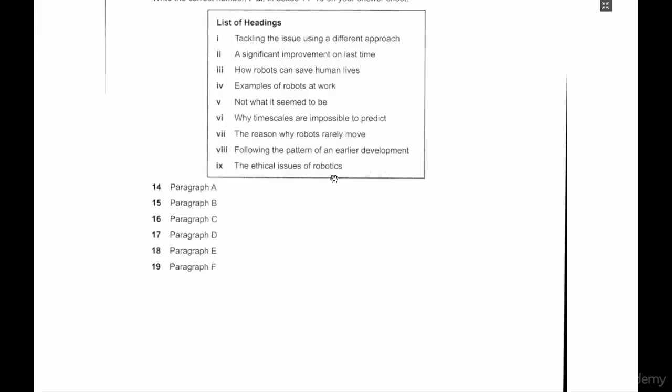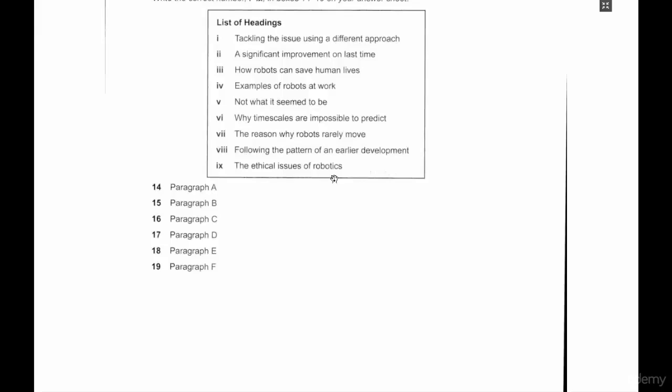So you can see with the headings question that it's all about understanding synonym language. And you can see that I'm using the strategy that I told you. I look at my first two sentences and my last sentence, or I'll just look at the first and last sentence. But that first sentence is so important. It is so important to do that. You have to match meaning. You must match meaning.